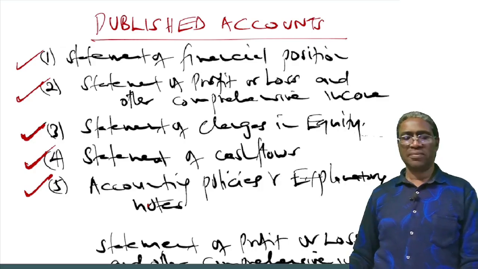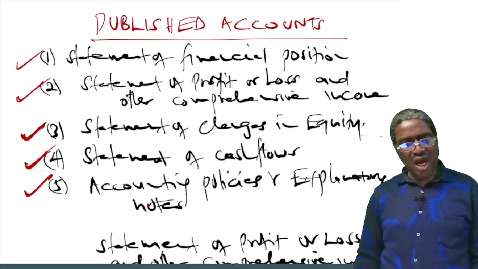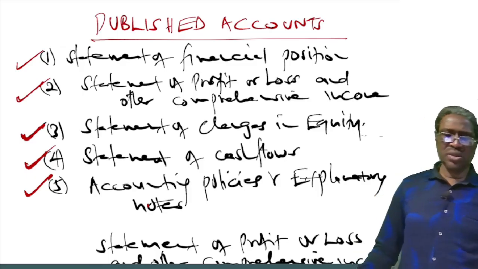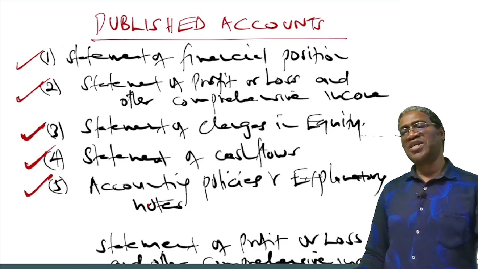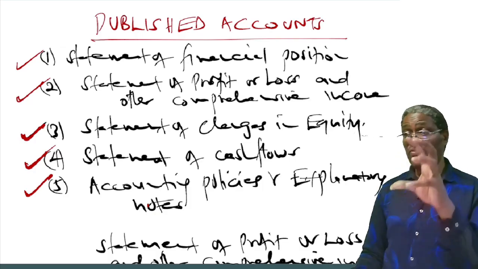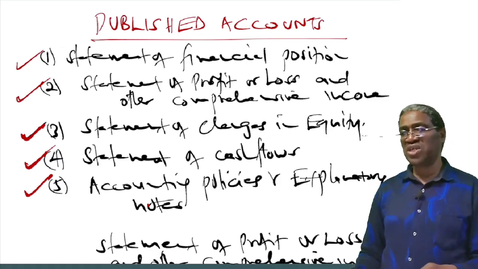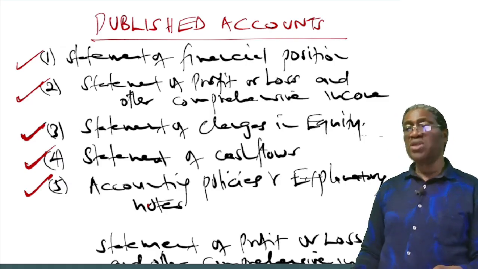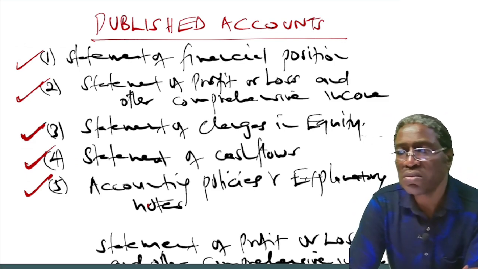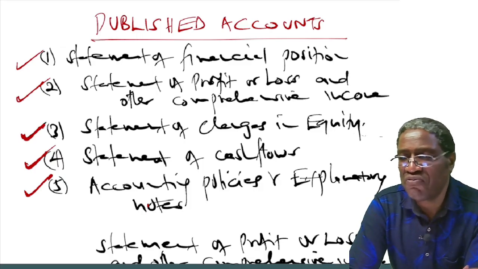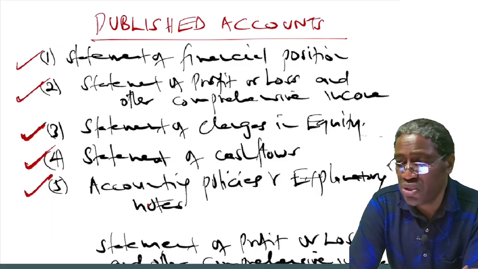Then you say this, another paragraph. A complete set of financial statements comprises of the following components. Number 1, statement of financial position.